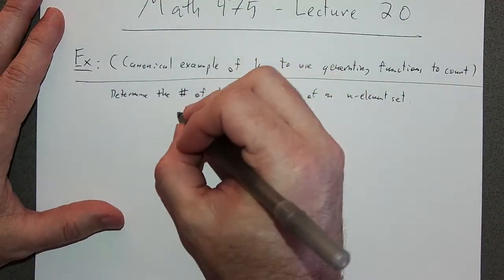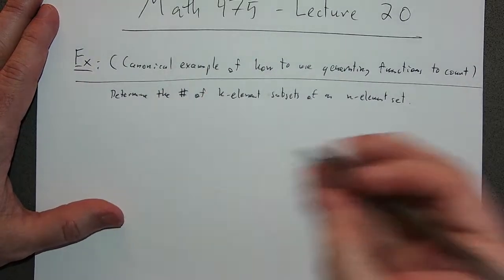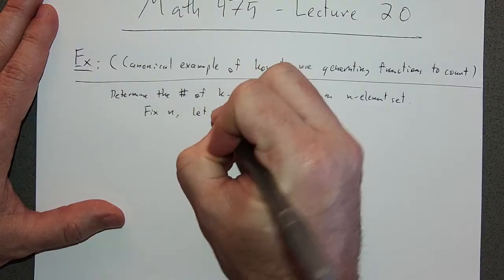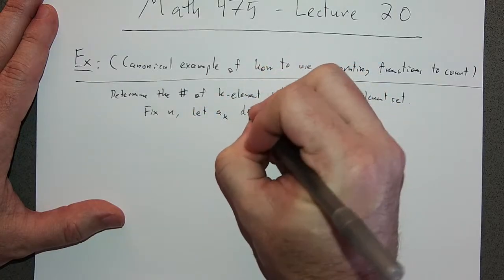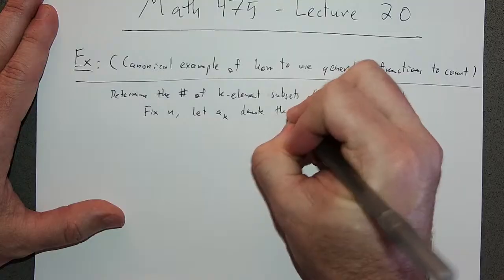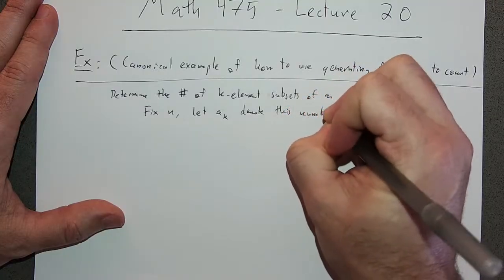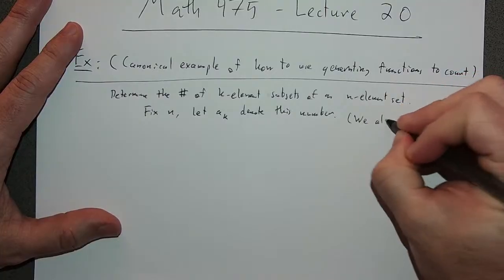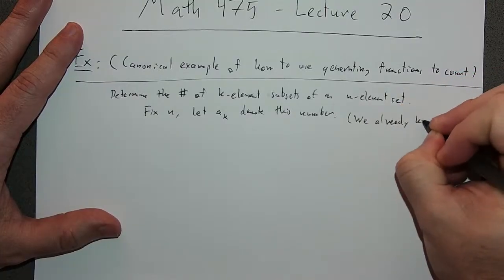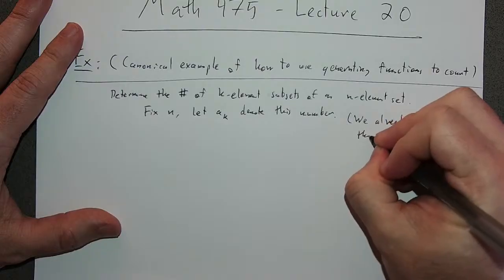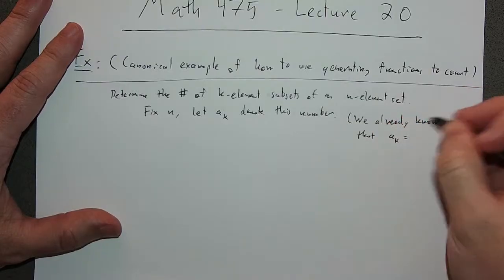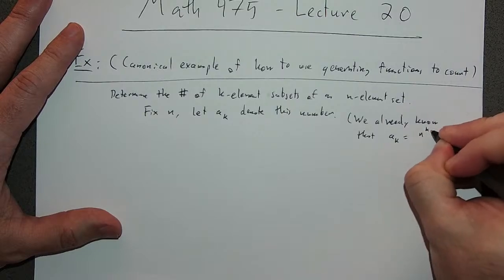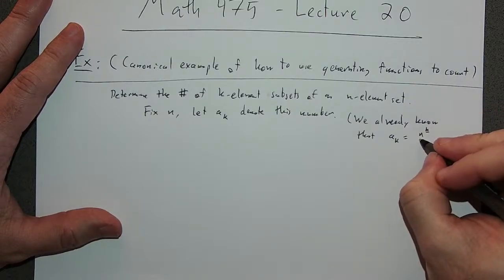So we fix n, and let a sub k denote this number. Of course, we already know that this number is exactly, well, if you want to write it, n choose k.